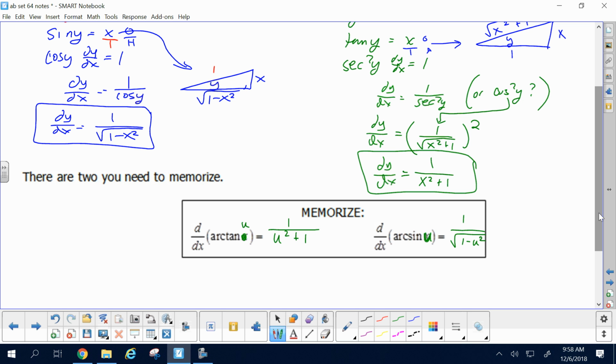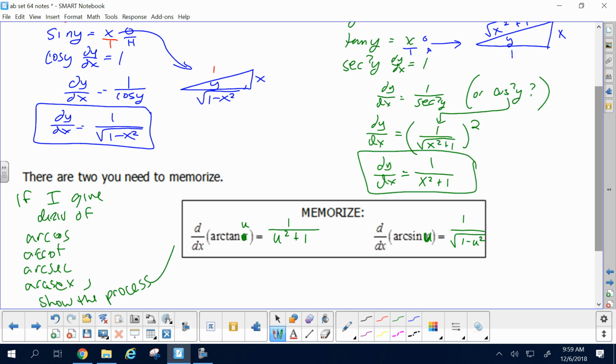All right, now the way I prefer this is if the question is the derivative of any of the other 4, arc cosine, arc cotangent, arc secant, or arc cosecant, you show the process I just talked about, like we did there: implicit differentiation, triangle, back substitution.